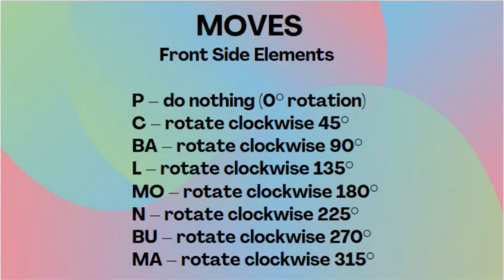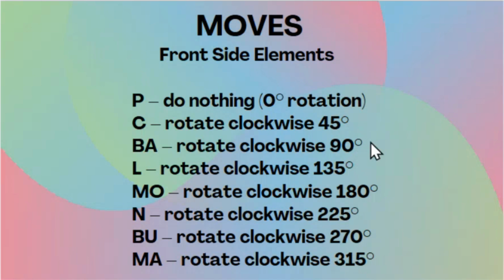So here are the possible moves. For P, do nothing, or 0 degree rotation. For C, we need to rotate clockwise 45 degrees.